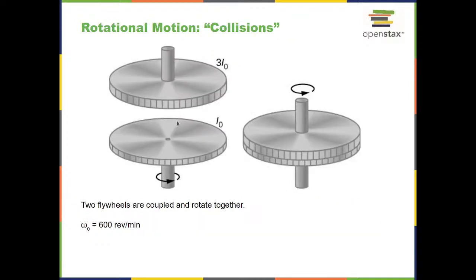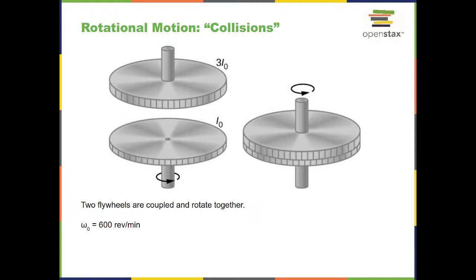So we can look at another example: collisions in rotational motion. We talked about collisions in linear motion, where momentum is conserved, but kinetic energy is only conserved when it is an elastic collision. What was an example of a non-elastic collision?